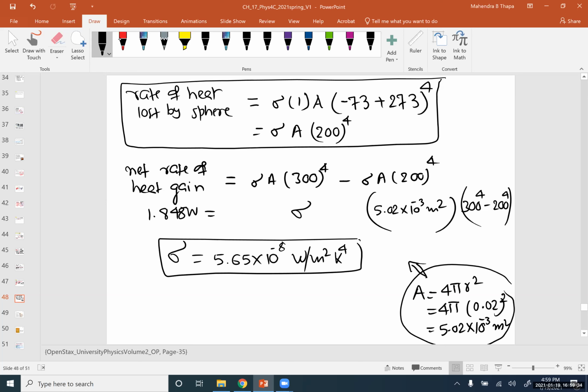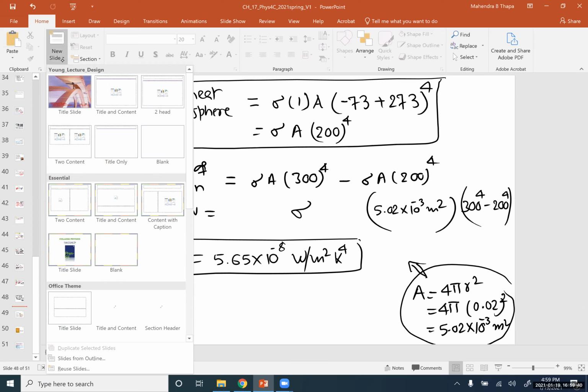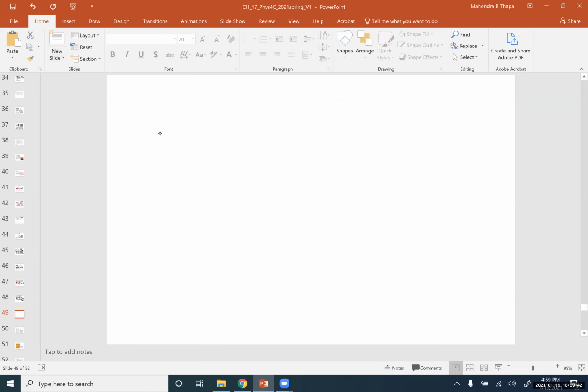So the important take-home message from this equation is this: if we have an object at higher temperature, for example 600 degrees Celsius, and you leave it in the atmosphere or in the room, it will cool down.